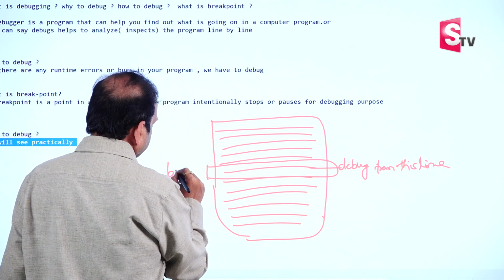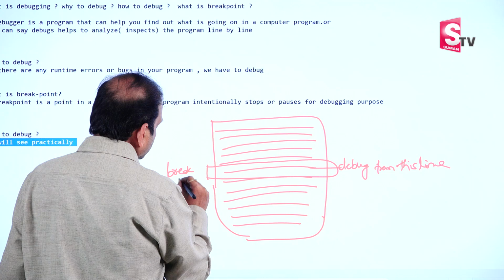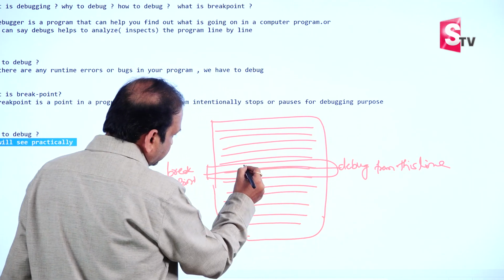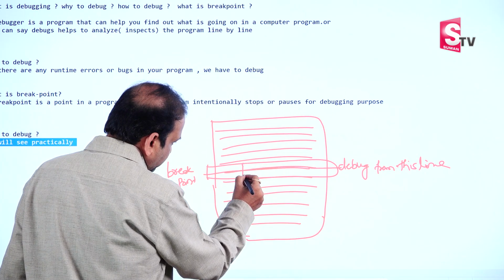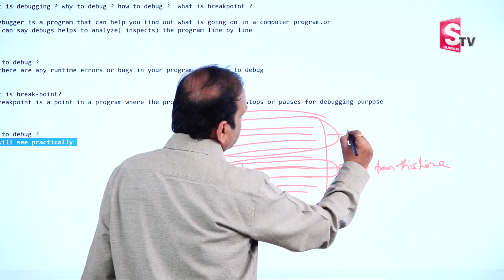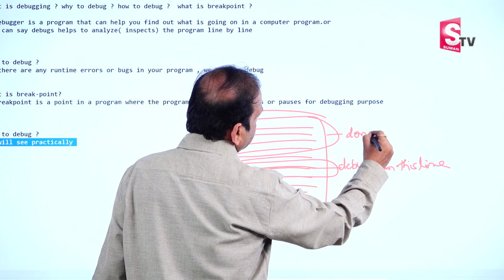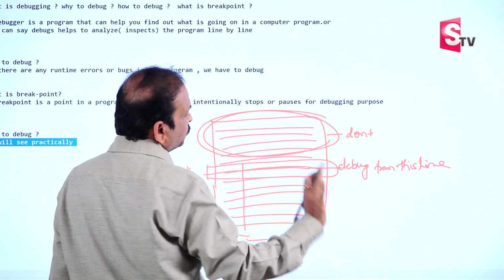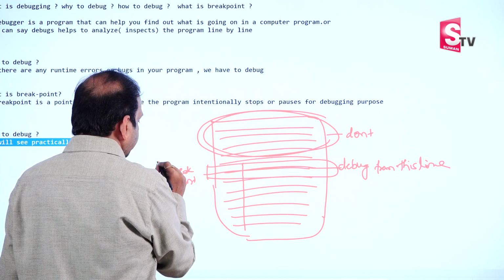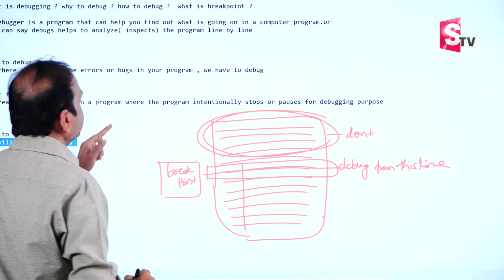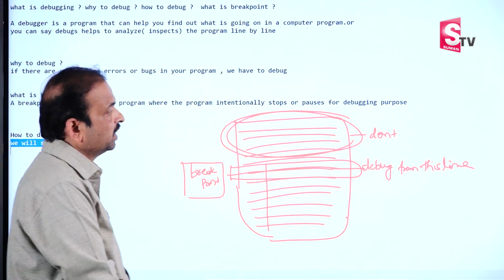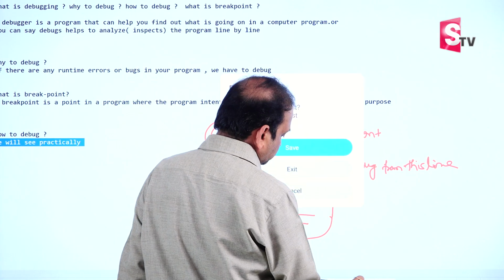This is a breakpoint, so that the debugger starts from the 10th line and analyzes line by line, because I don't want to debug this upper part. So breakpoint is a point in the program where the program intentionally stops or pauses for debugging purposes.